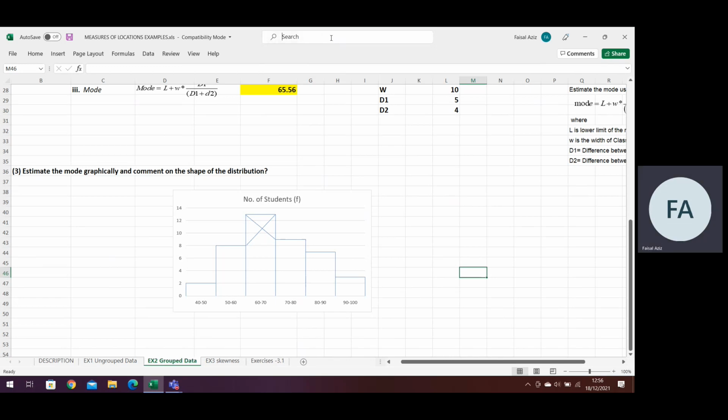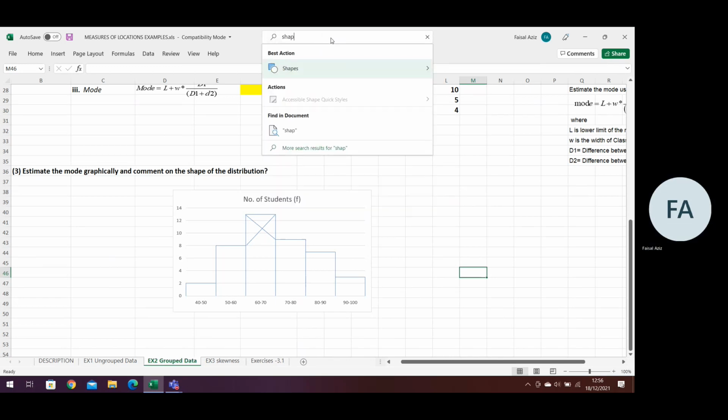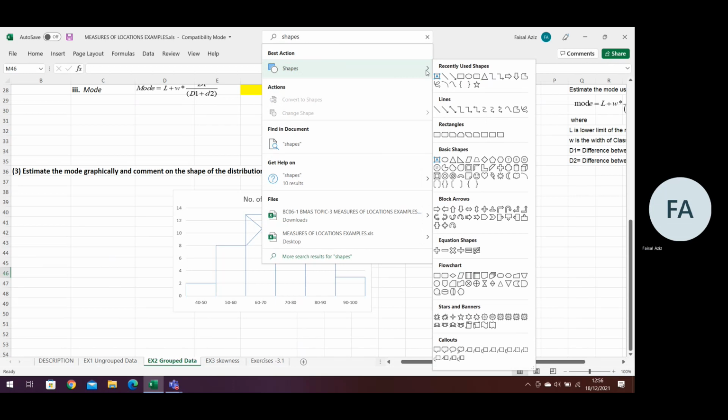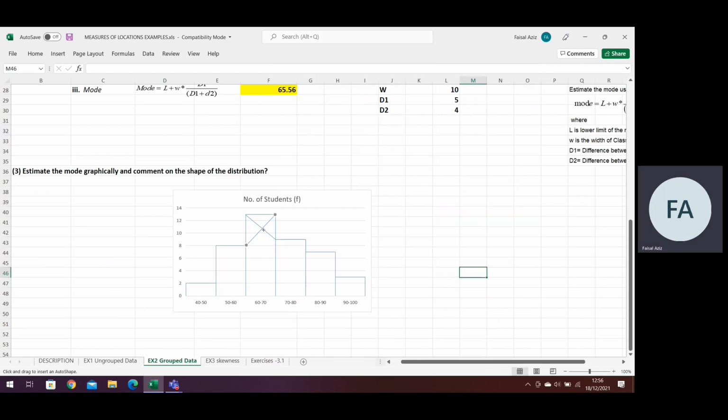So you can see I will select this time the arrow, and at this intersection point I will draw it down. So the point where it is bisecting this class, this is basically the mode.